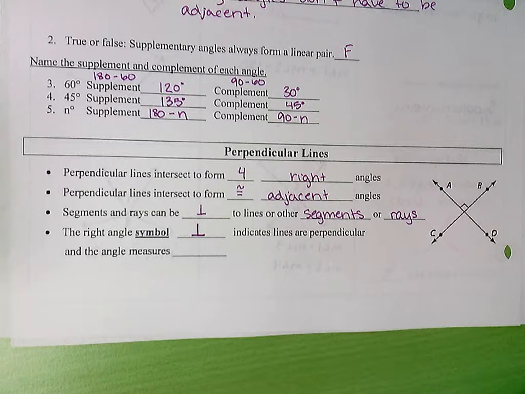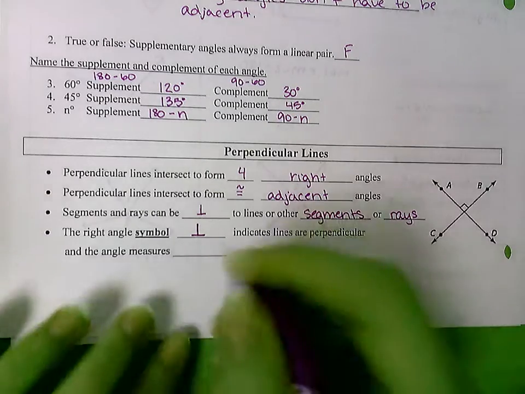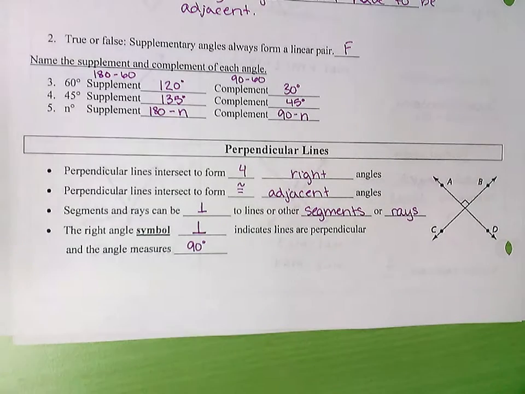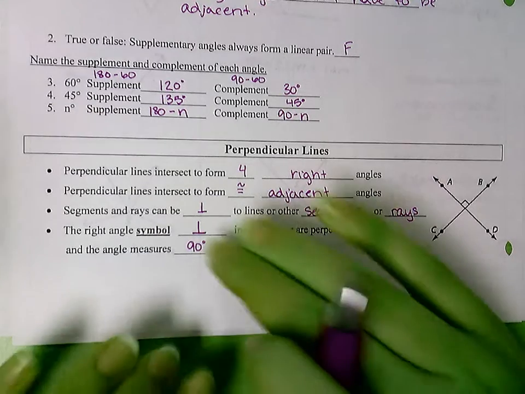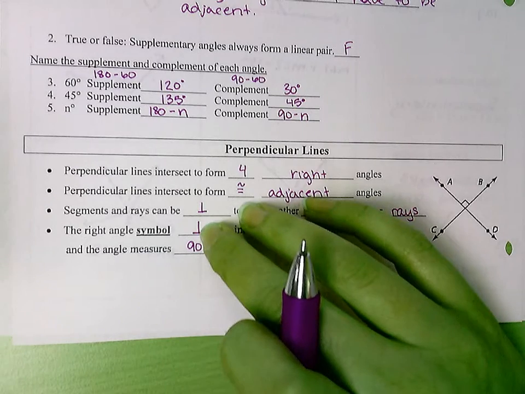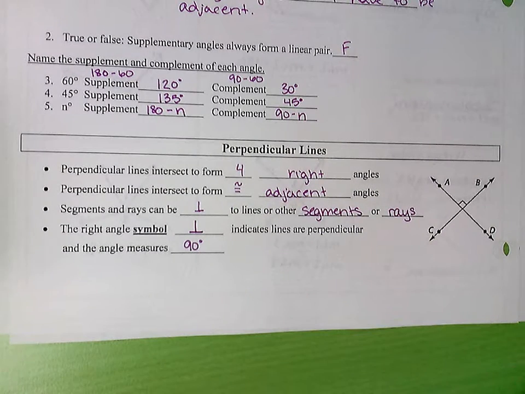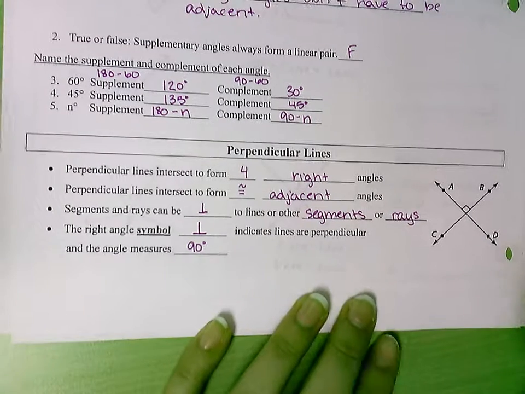So if you see that upside down T in any type of problem, that means those lines or segments or rays are perpendicular to each other, and the angle measure would be 90 degrees. It's kind of similar to the box in the corner of your right triangle. You can refer back to that. Questions about perpendicular lines?